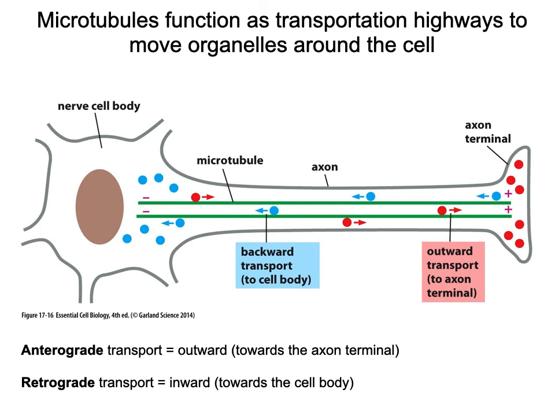In a nerve cell, this could be neurotransmitter, and we need to get that neurotransmitter out to the axon terminal so it can go to the synaptic cleft. So this is going to be outward transport, or anterograde. Now if we were bringing something into the cell body from the positive end to the negative end of a microtubule, this would be known as retrograde transport. So again, it's inward, and that's what we're seeing for those blue vesicles. Transport is moving towards the cell body.